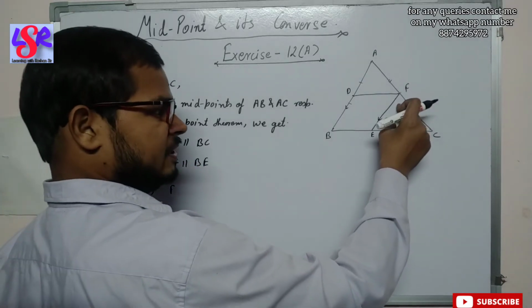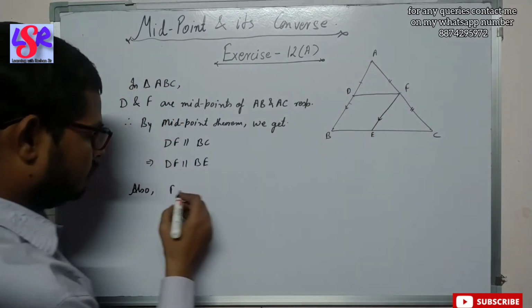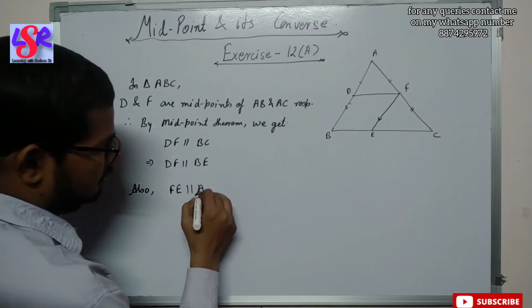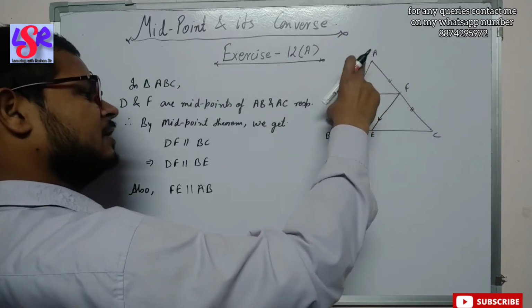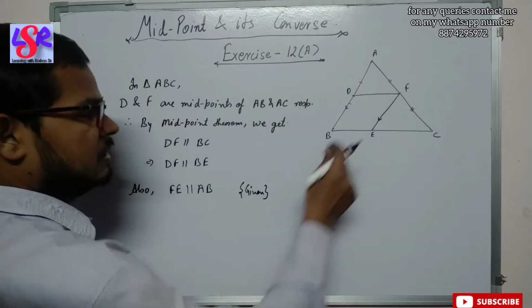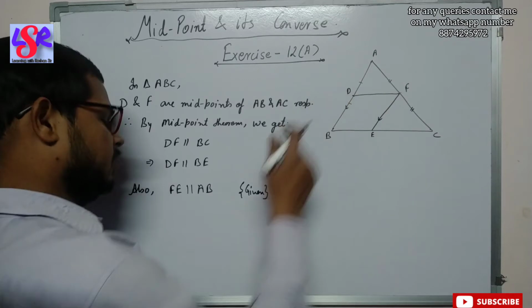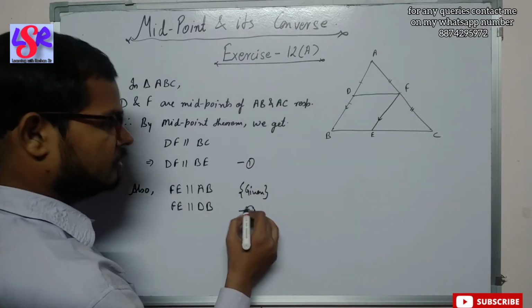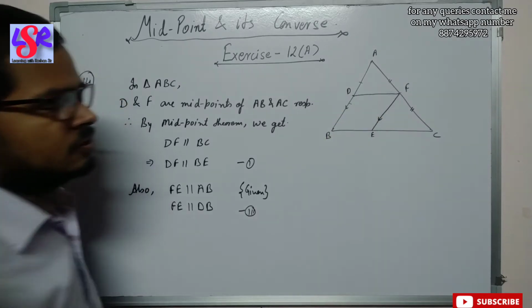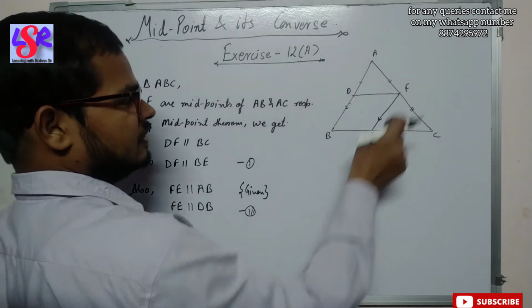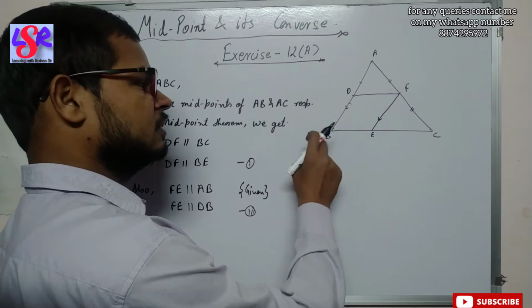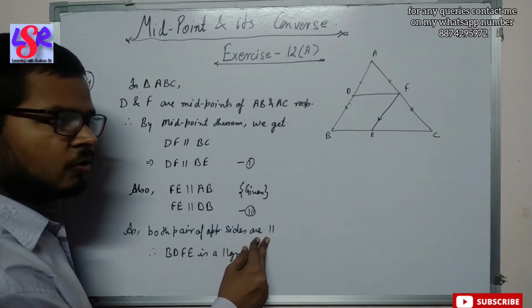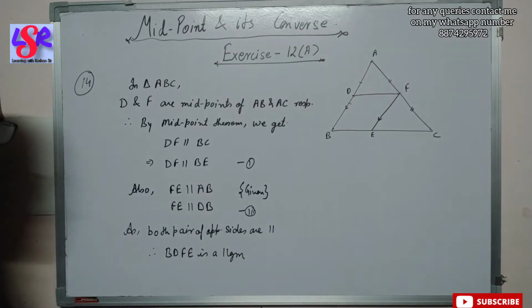Also FE is parallel to AB, which was given to us, so FE will also be parallel to DB. Now from these relations we get that both pairs of opposite sides of quadrilateral BDFE are parallel. Therefore BDFE is a parallelogram.